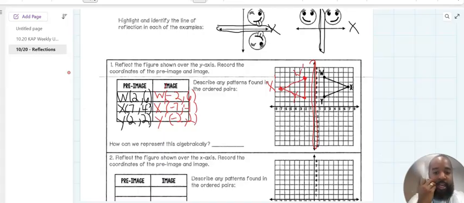So then we ask, well, what happened? The y stayed the same and the x became negative or opposite. So we're going to say x became opposite. Y stayed the same.